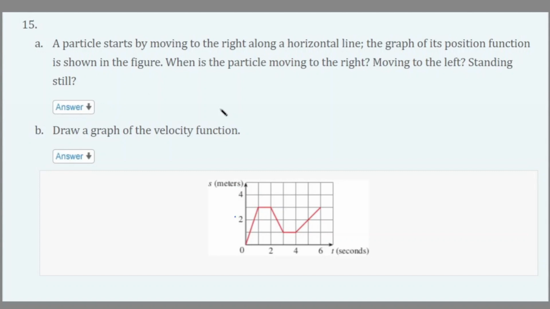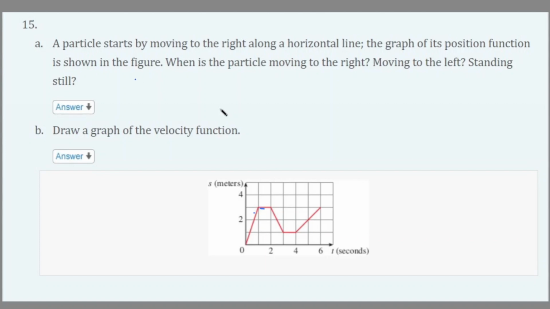So since this is the position function, if the position function is increasing, that means the person is moving to the right. And then if it's at a plateau, that means the person isn't moving at all. If it's decreasing, the person is moving to the left because their velocity is negative.